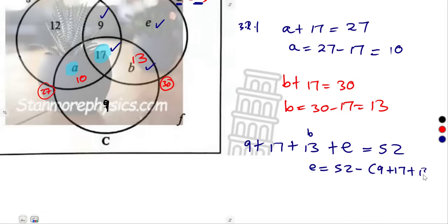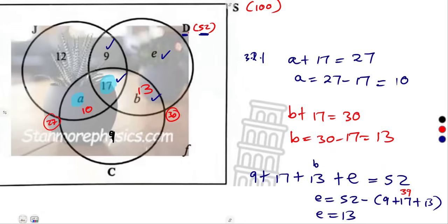The way that you understand, guys, it's an equation, so you can work it the way that you want. So that was going to be 52 minus 39, which is going to give us 13. So E is also equal to 13, just like B, just like this B. So our E was 13.